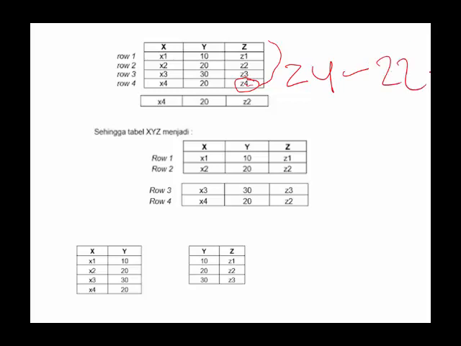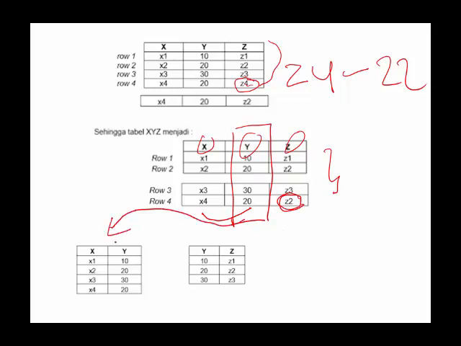So the table consists of three attributes, x, y, and z, and rows 1, 2, 3, 4. Rows 1 until 3 have the same data, but in row 4 we change it into z2. How to decompose it? We take the intersection attribute, and we choose y. The first table is x and y, and the second table is y and z.